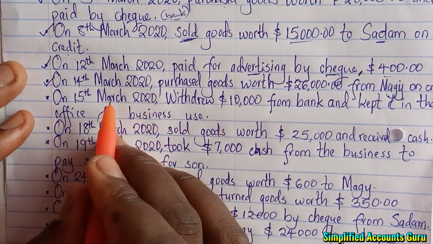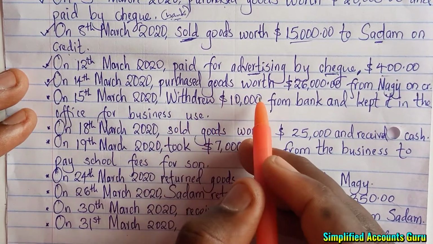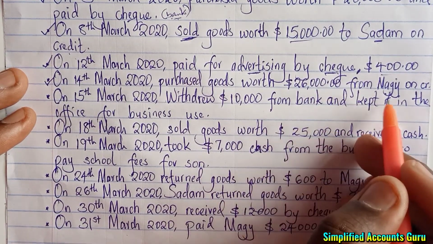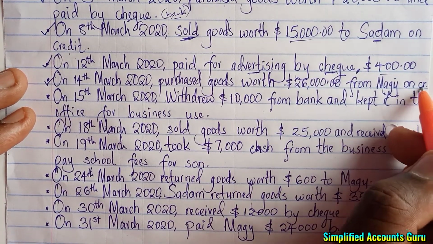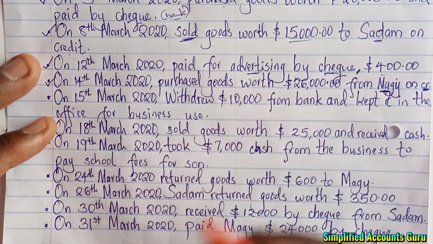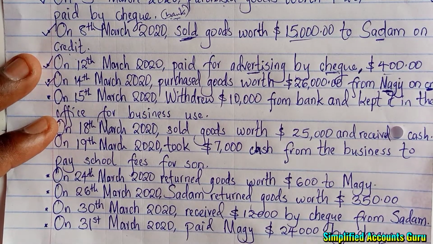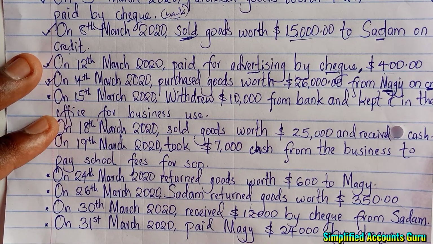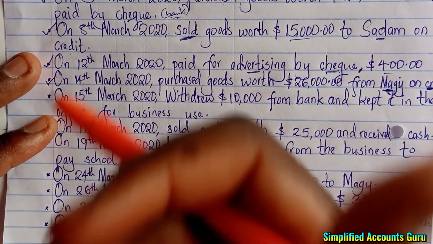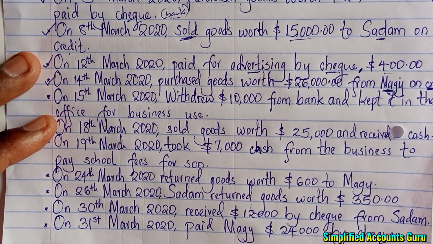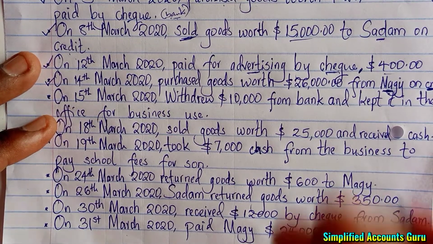Now on 14th we have purchases of goods worth 26,000 from Maggie on credit. We have purchased goods, and if we are purchasing on credit, it means the person who is giving us goods is expecting us to pay, and therefore that is a present obligation. That is a liability.